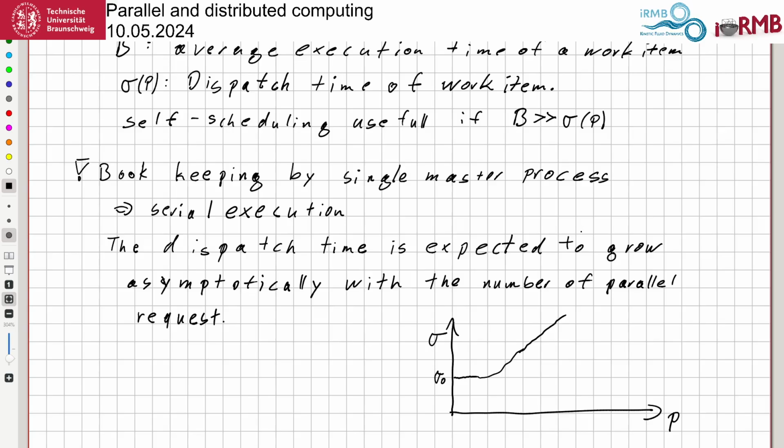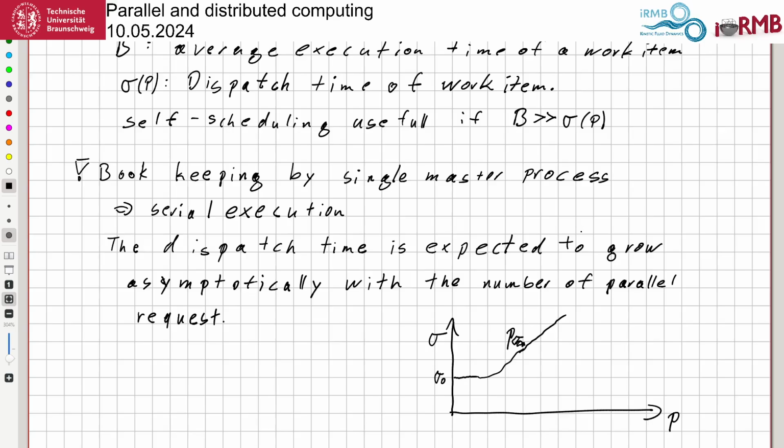So this will depend somehow on the number of parallel processes that come at the same time, and this will usually be together with a different constant. This is why I call it sigma infinity.